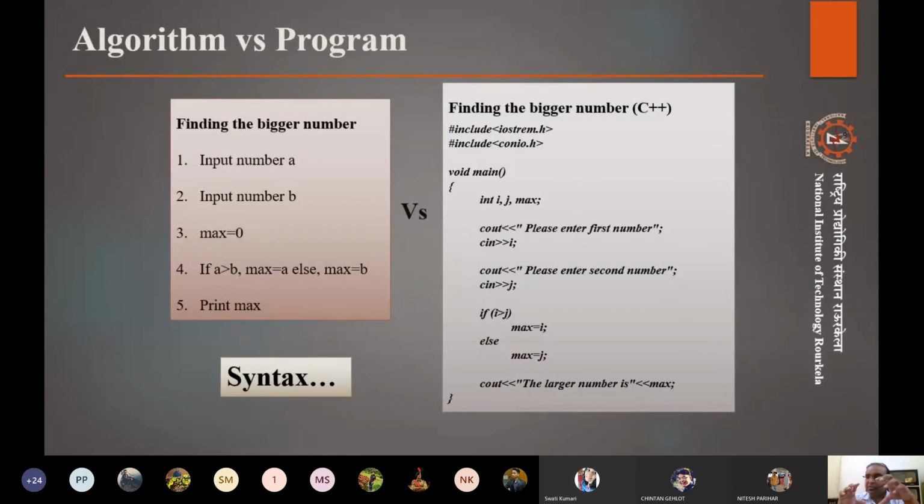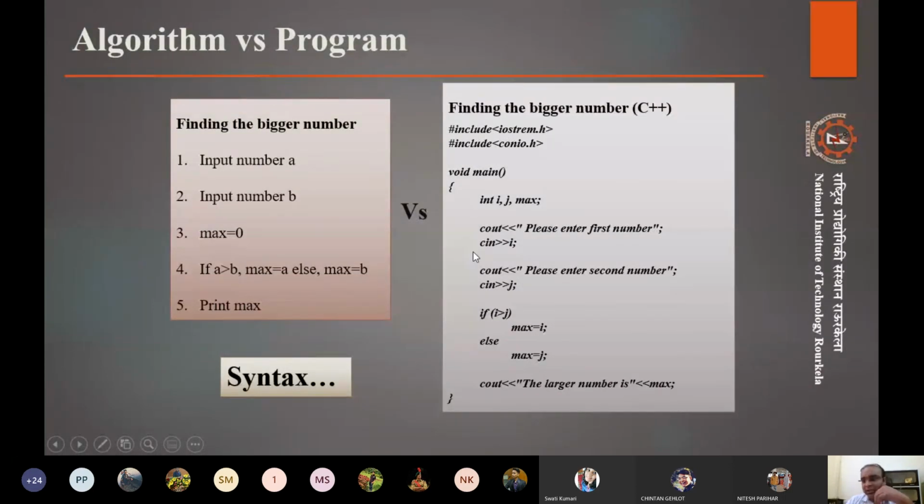This set of specific words in a specific arrangement for doing certain work is called a syntax. Like for inputting a variable I in C++, that can be done by cin, greater-than signs, I, and a semicolon. So this is called a syntax.